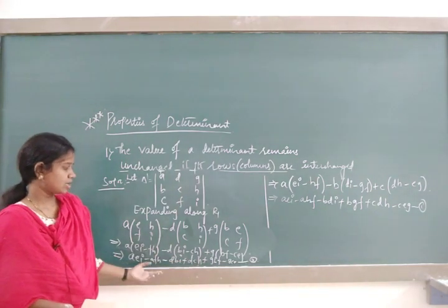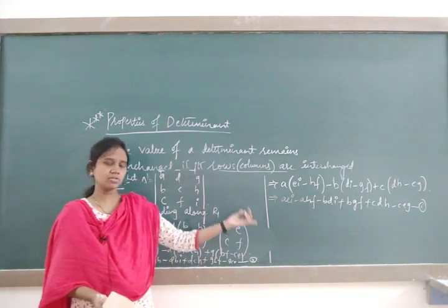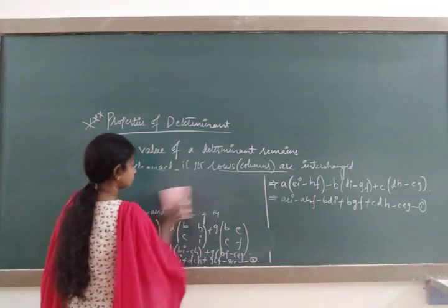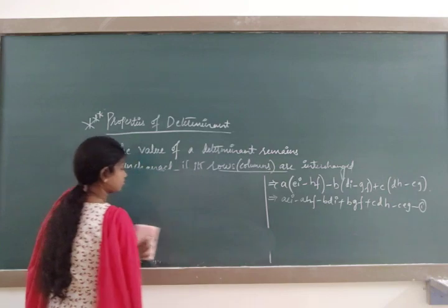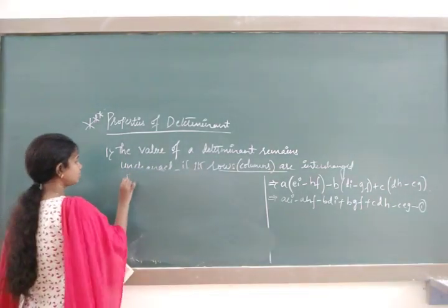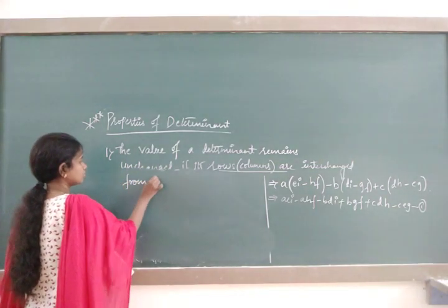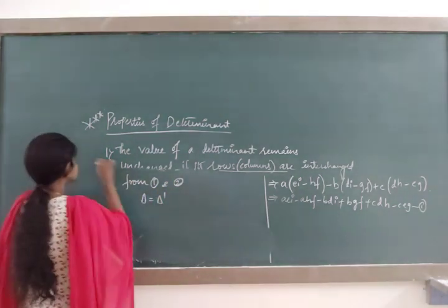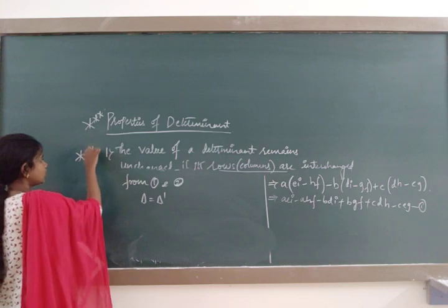So you can compare, here also 6 terms with the same value, there also 6 terms. So therefore from 192, delta is equal to delta dash, and put a star mark for this property.